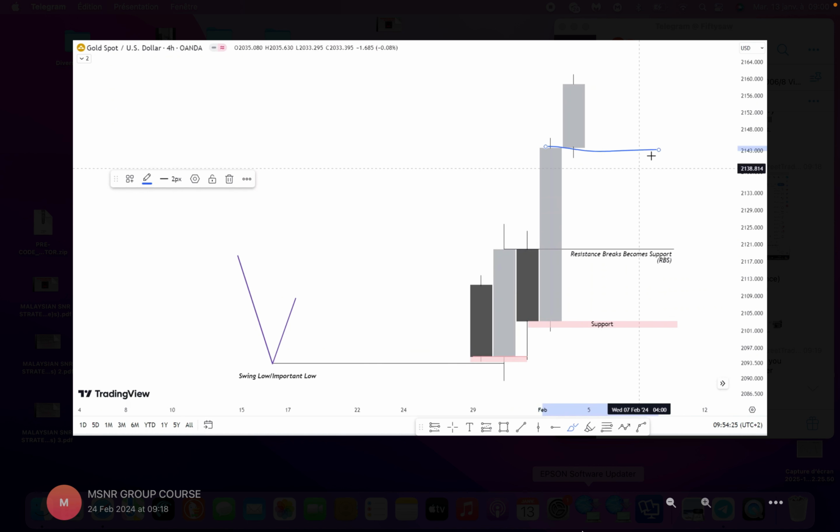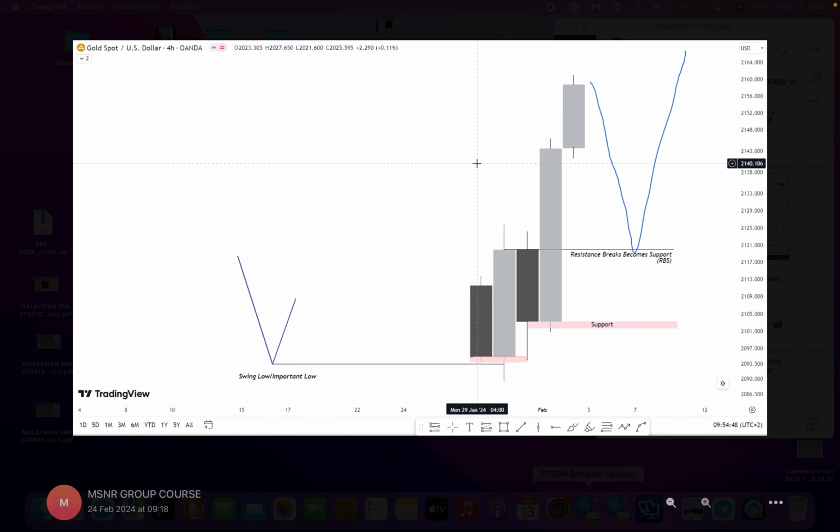The lowest two between this RBS and this support level are this RBS and this area of support. So this one is not important. Your area of importance is going to be this one. So when price returns back to this area, you'd anticipate a bullish move.